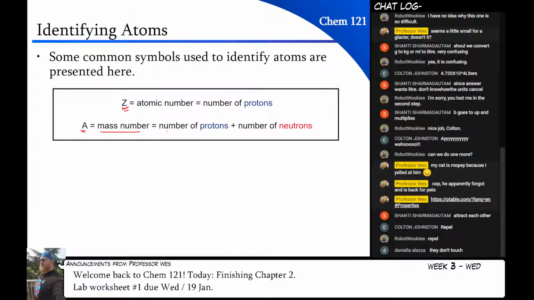And the mass number is protons plus neutrons, because they make up the majority of the mass in the atom, and they make up all of the mass in the nucleus. So that's where that term comes from, mass number. It's the mass of the vast majority of the atom. Electrons essentially weigh almost nothing.